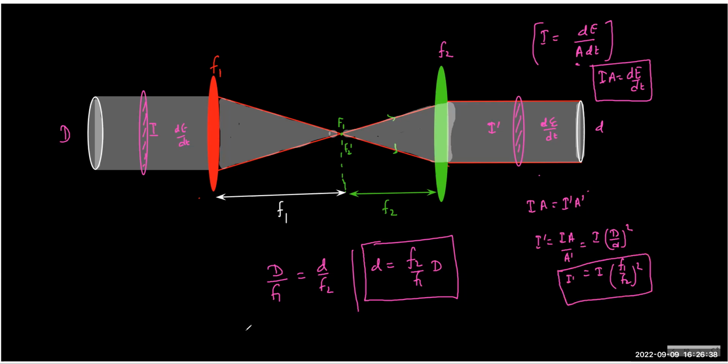So if f1 is more than f2, it is more intense. If it is less, it is less intense. So intensity is how much energy you are receiving on how much area. Energy received per unit area per unit time is called intensity. We have done this in waves and sound, right? Yes, sir.